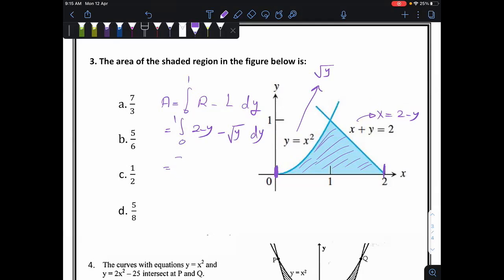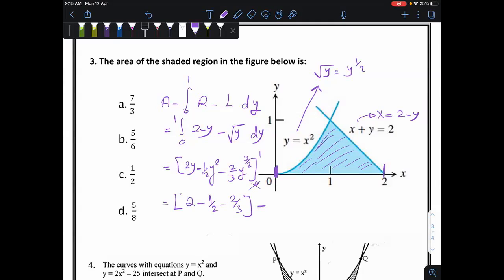Let's integrate here. 2y minus half y squared minus 2 over 3 y to the power of 3 over 2, huh? Yes, 2 over 3, excellent, y to the power of 3 over 2, from 0 to 1. We will not substitute 0, as we said. Let's substitute 1. 2 minus half minus 2 over 3 equals 2 minus half, 1 and a half.